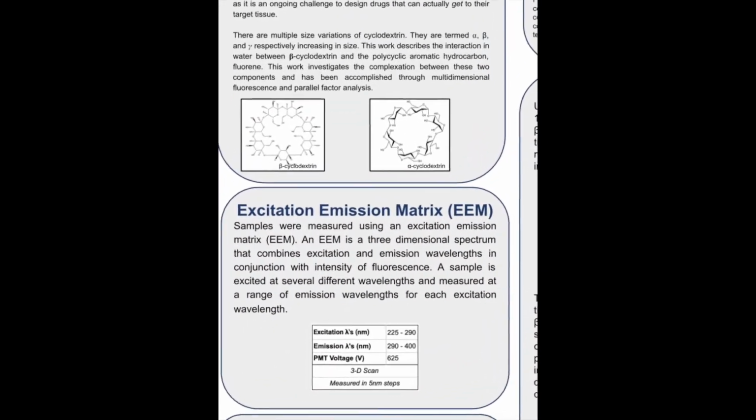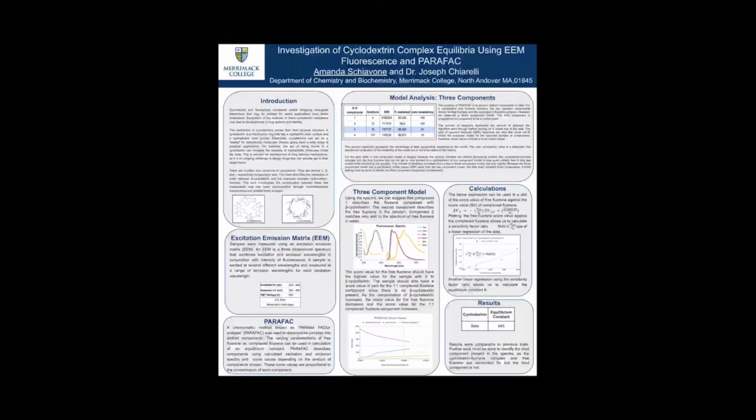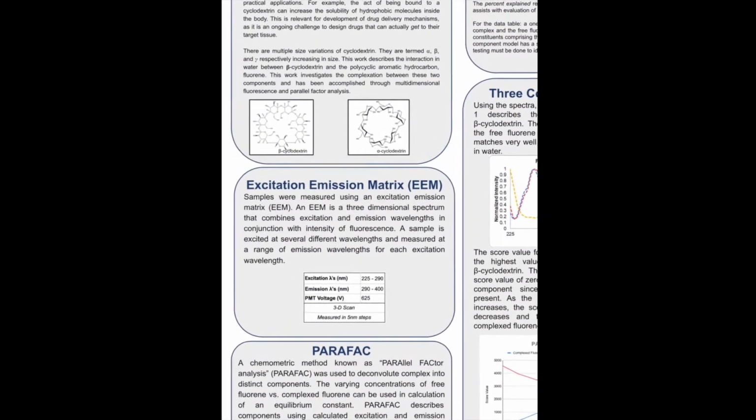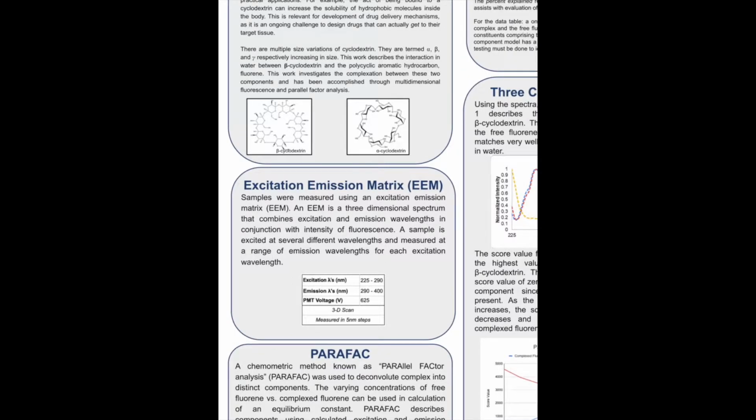So to get more into the method, the complex that we made in our project was a mixture of beta cyclodextrin and fluorine. So we made the solutions and then we measured them using an EEM, excitation emission matrix, which is a three-dimensional spectrum that combines excitation and emission wavelengths in conjunction with the intensity of fluorescence.